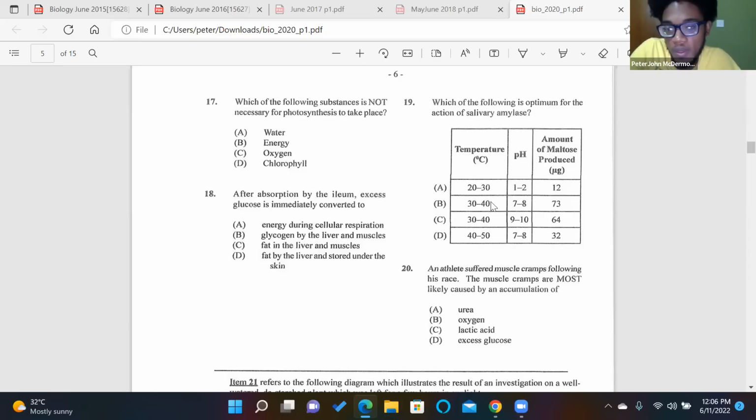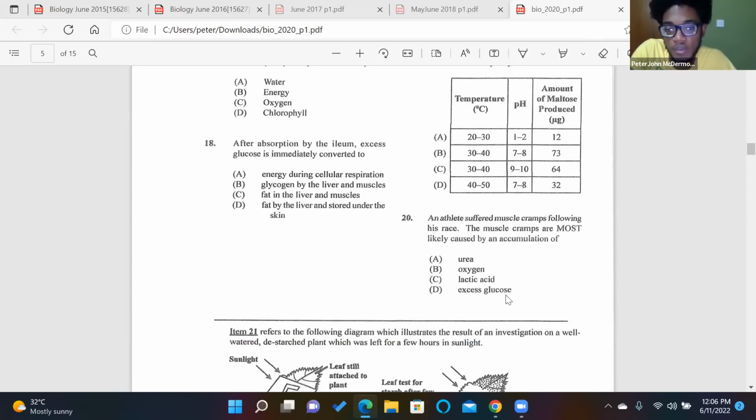What's the pH in your mouth? 7 to 8. Yeah, it's a little bit above normal. So about that. Amount of maltose produced, 73 micrograms, is not the important part. What's important is the pH and the temperature. This is just accessory information.